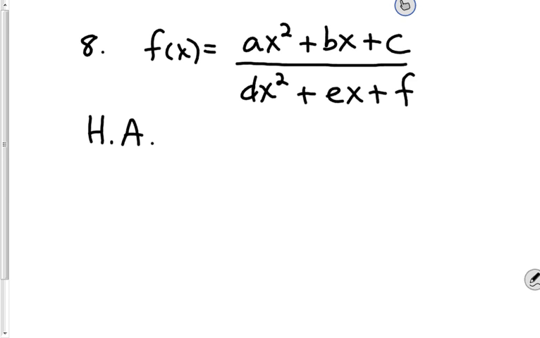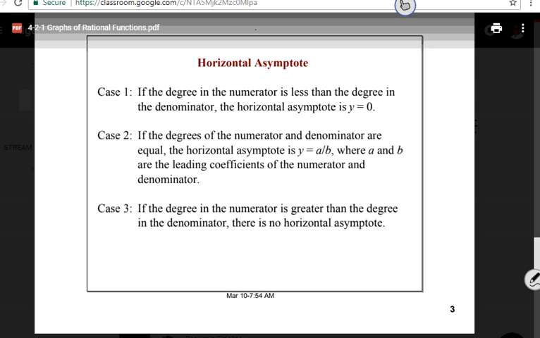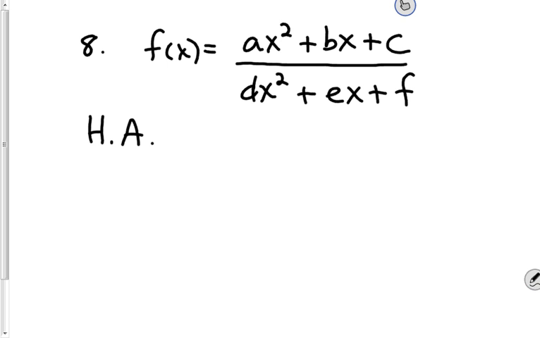Let's take a look at the degrees. Second degree, second degree. The degrees are equal, right? So that's case 2 again. So the horizontal asymptote is y equals a over b, where a and b are the leading coefficients. Well, the leading coefficients are a and d. So the horizontal asymptote is going to be y equals a over d.